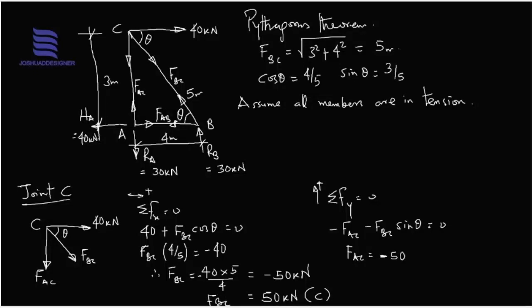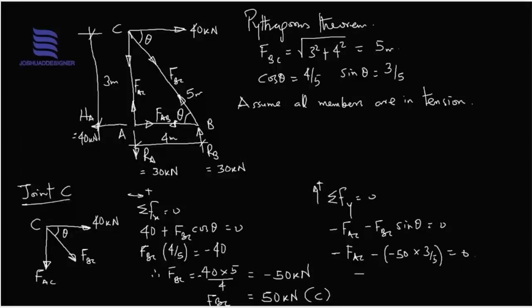So minus FAC minus FBC, which is minus 50, multiplied by sine theta 3 over 5 equals to 0.